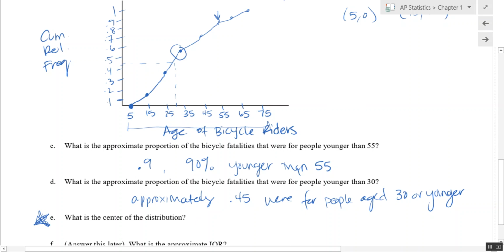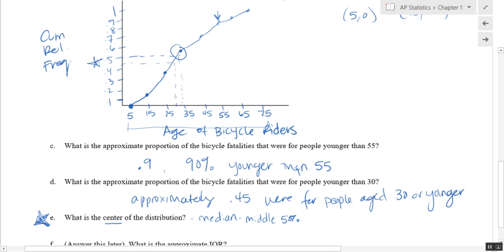What we're looking at is the center. Here we have cumulative frequencies, so we're talking about the median. Where does the median occur? That's right in the middle, 50%. So it divides the data so that there's 50% lower, 50% above. So what we can do is come up here on our y-axis. Here's our 0.5. We go over and we're just going to estimate this.